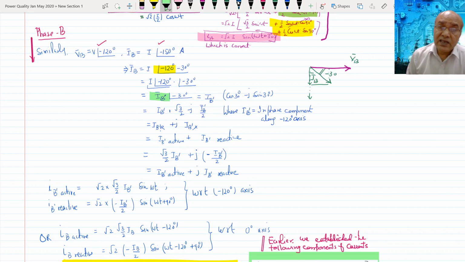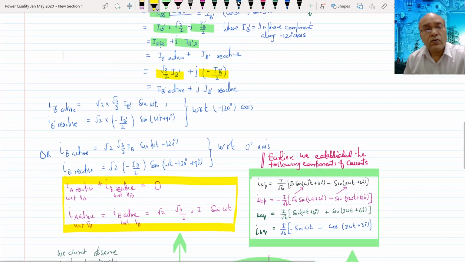Okay, so IB dash is basically I angle of minus 120 degree, which is in phase with the voltage of phase B, and therefore we can again transform into their active and reactive components. So IB dash cos 30 becomes this, and IB dash sin 30 with minus sign becomes this, and they form the real part and the imaginary part, and they finally lead to this value and this value.